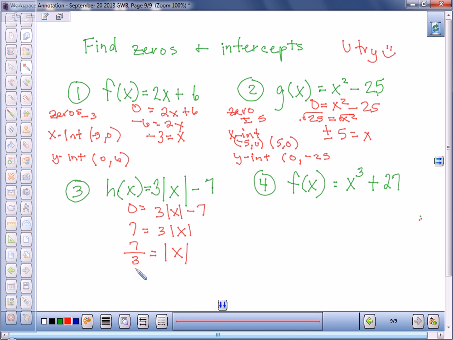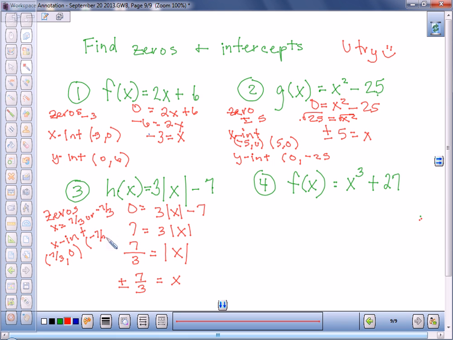I can take the absolute value of 7/3 or negative 7/3 and get 7/3. So those are my 2 zeros. So my zeros of the function occur where x equals 7/3 or negative 7/3. My x-intercepts also happen at the same spot. So it's 7/3, 0, and -7/3, 0.